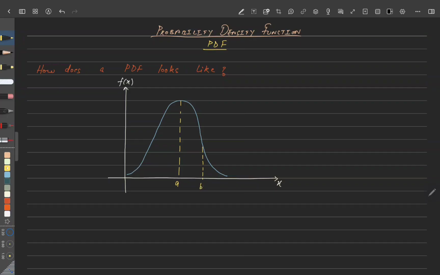and let's say these are heights of people that we have measured. So A is height 1, B is height 2, and let us shade this area.